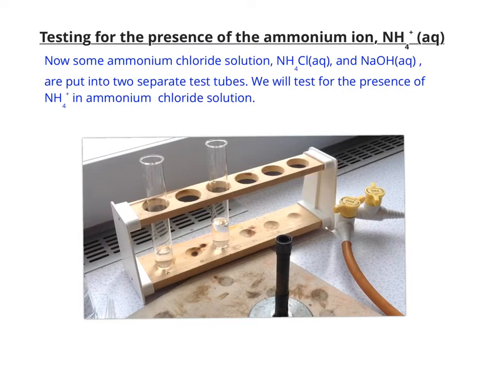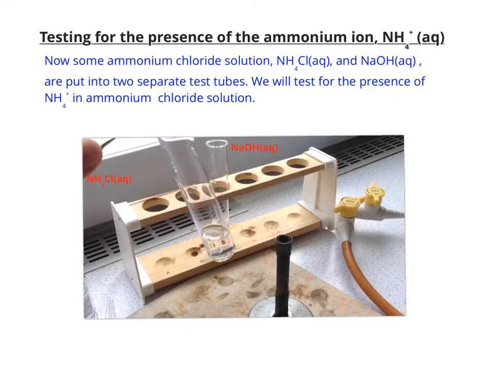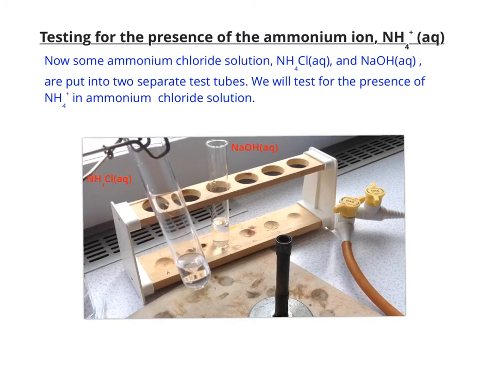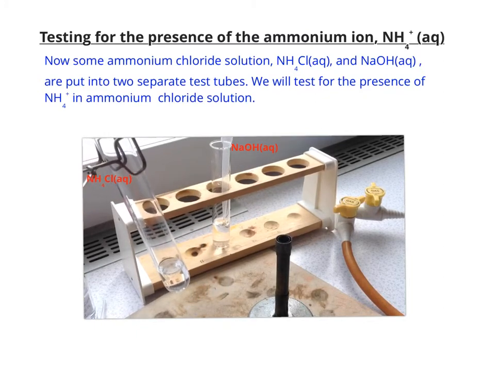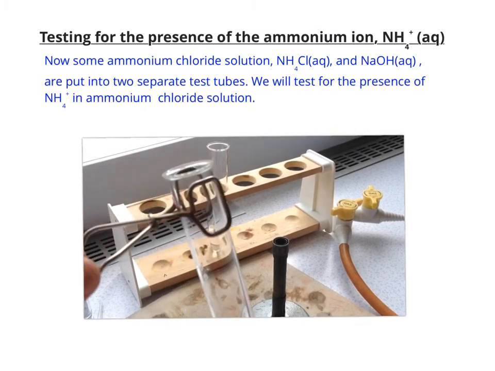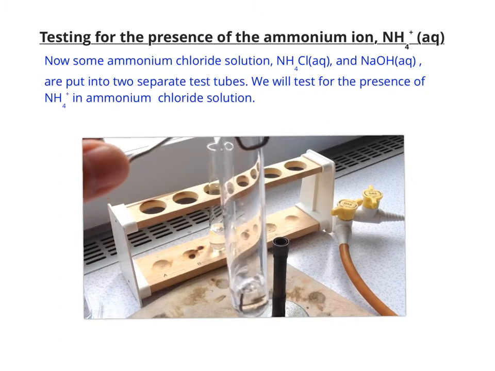So we take a little bit of our sodium hydroxide and we place a few drops of it into the test tube with the NH4Cl. Just take a little bit there, carefully pop it into the test tube.